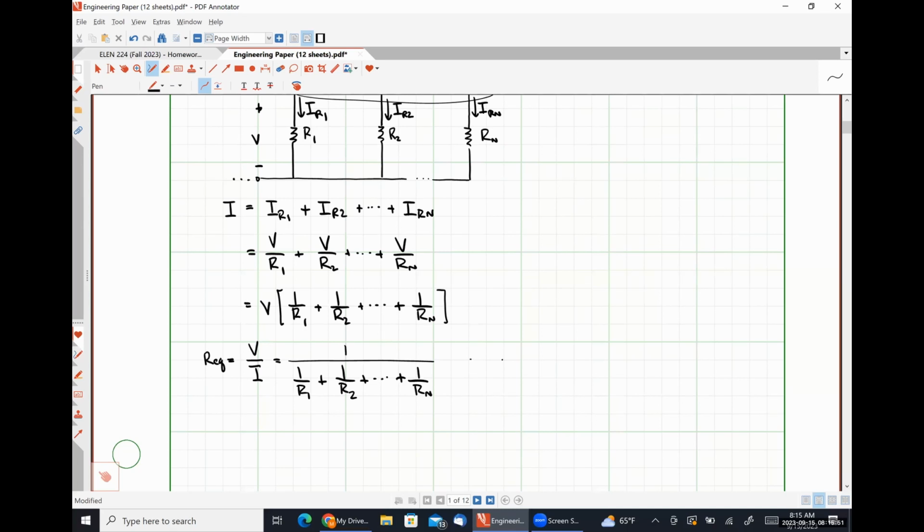Or in a more formal mathematical notation, we can say that for resistors in parallel, we have 1 over the sum from k equals 1 to n of 1 over R sub k.